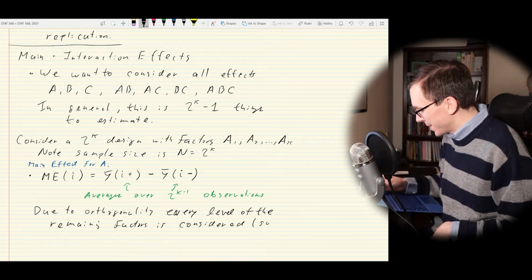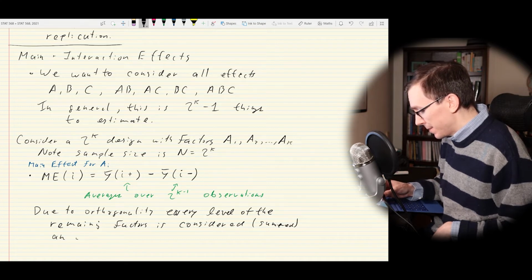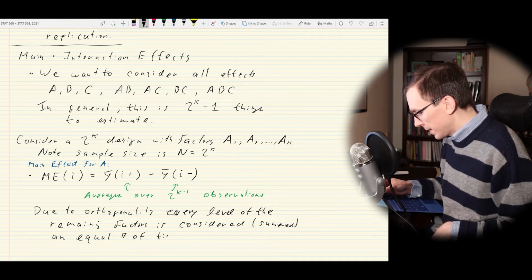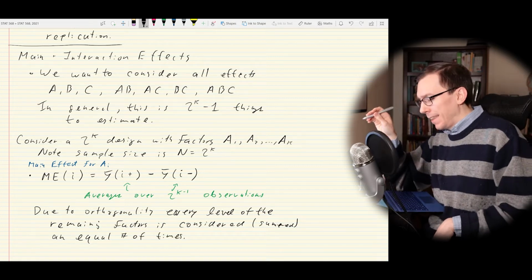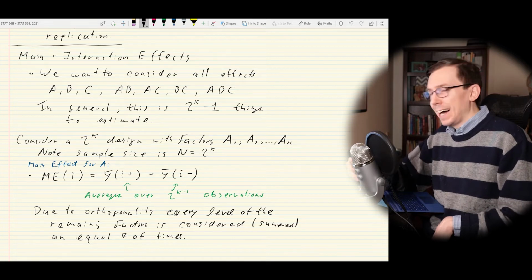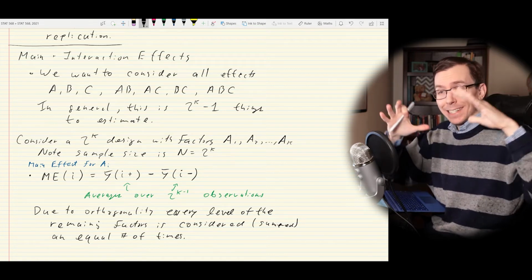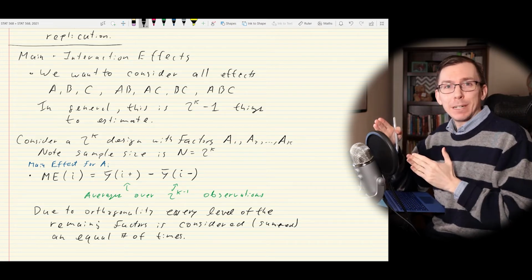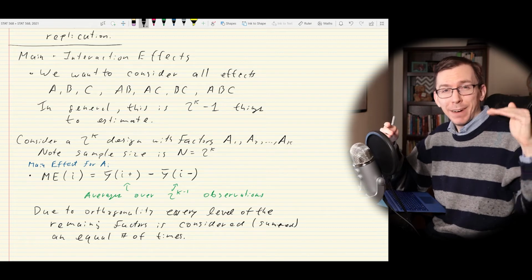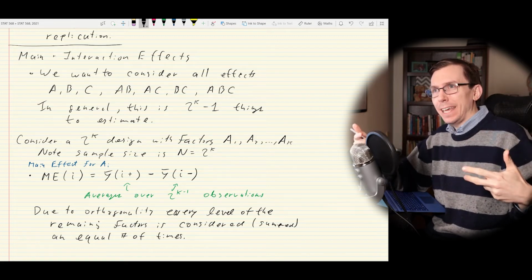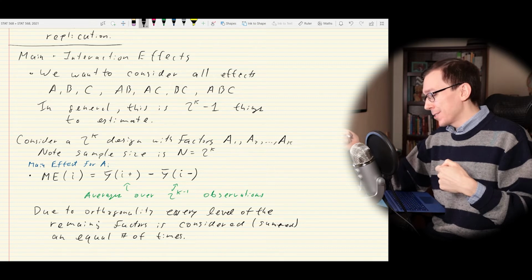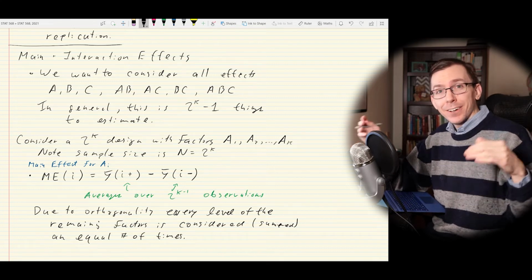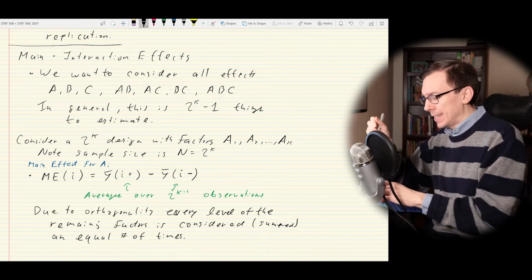What I mean is summed an equal number of times. What I mean by that is that if we fix AI to be at the plus level, and then we sum over all of those observations, for all of the other factors, we're going to be summing an equal number of pluses and minuses. So in a sense, if there are other factors that still have some significant effect, they're going to cancel out when we estimate this main effect.